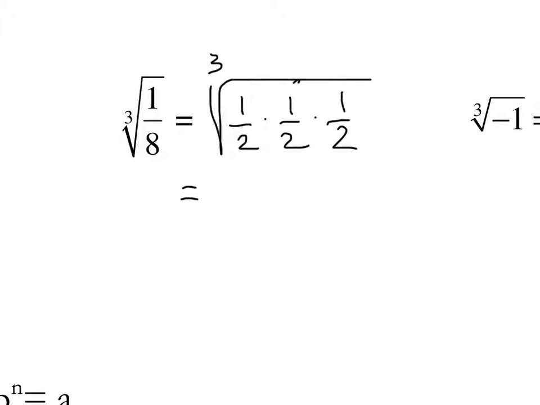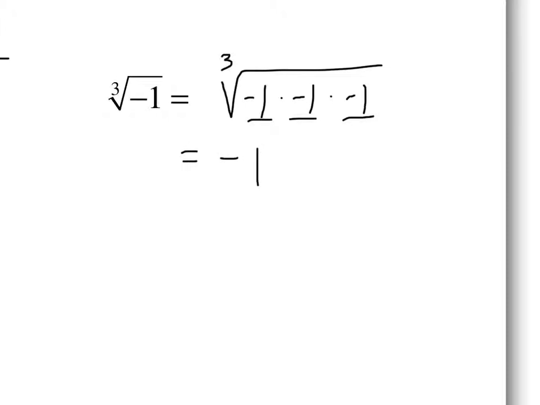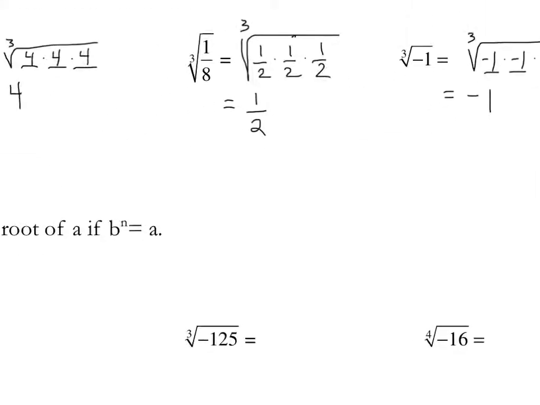You don't have to take this step. I'm just doing it to emphasize what the cube root means. Cube root of negative 1. You're looking for a number that you write down 3 times and multiply, and you get negative 1. It's got to be negative 1. So the cube root of a negative number does exist, and in fact, it is negative.